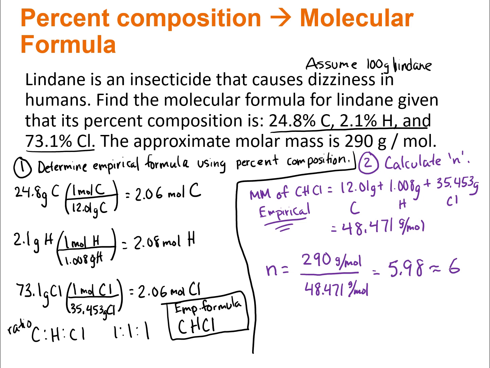That's about 6, okay? So our N is 6. That means we're going to take 6 and multiply by our empirical formula. And that is our molecular formula. So we just put those two pieces together.